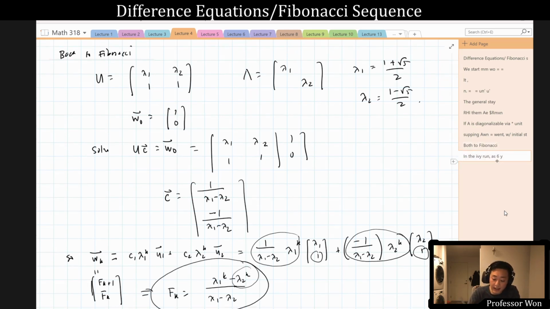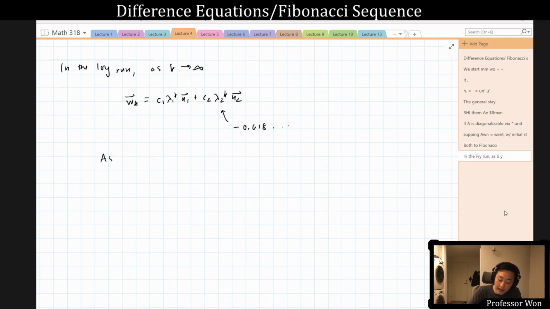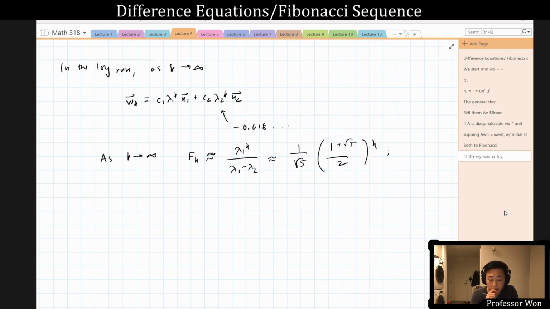So really, in the long run, as k tends to infinity, FK is approximately lambda 1 to the k over lambda 1 minus lambda 2. So it's approximately 1 over root 5 times 1 plus root 5 over 2 to the k. So if you just want to approximate the Fibonacci numbers, it's even easier.